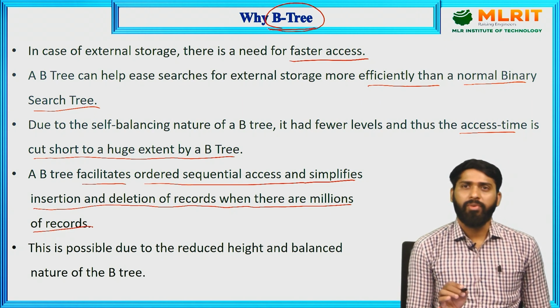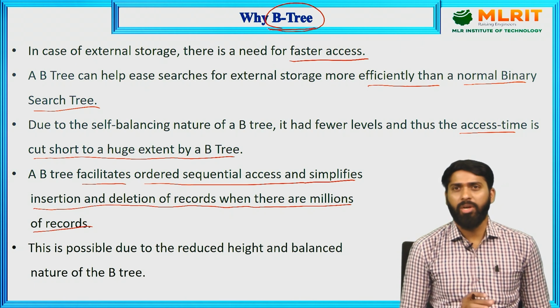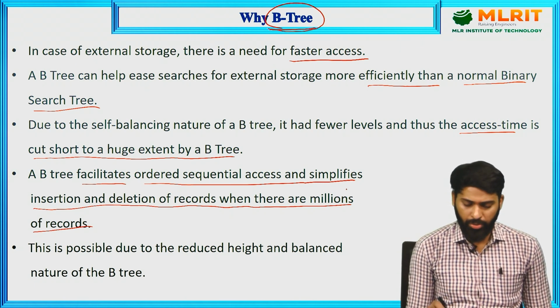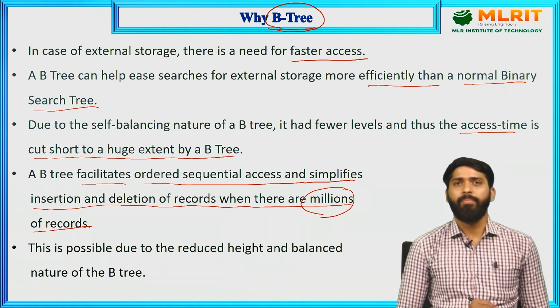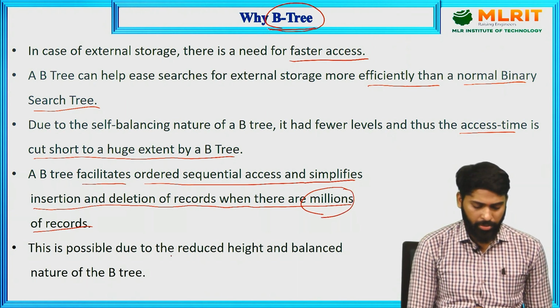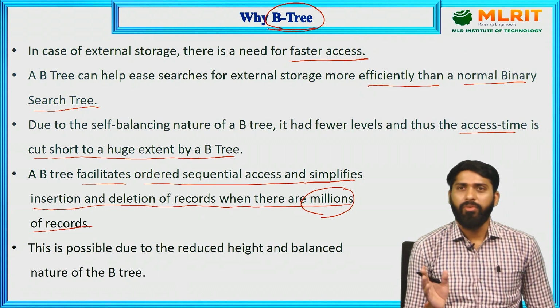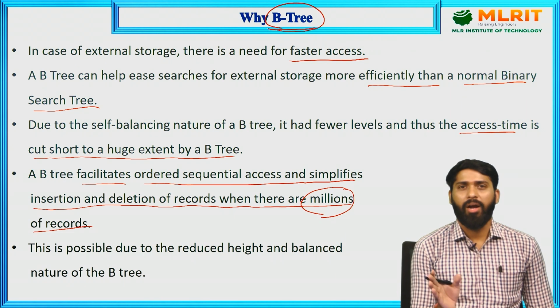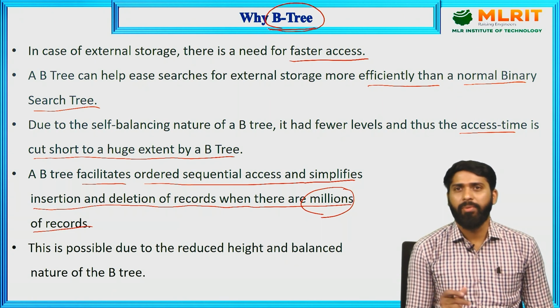If we are maintaining limited data, then we go with binary search tree or AVL tree. If there is huge data to handle, then we use B tree. This is possible due to the reduced height and balanced nature of B tree. Because of the reduced height and balancing nature of B tree, the insertion, deletion and access time will be reduced.